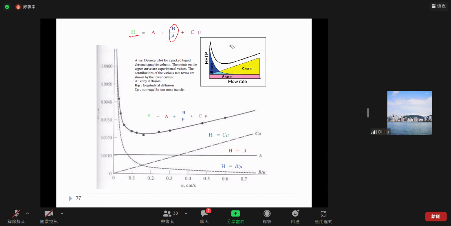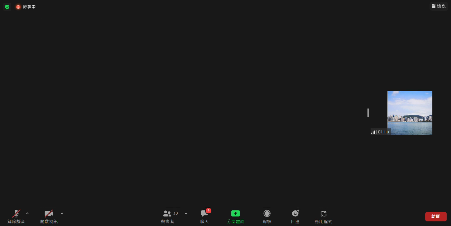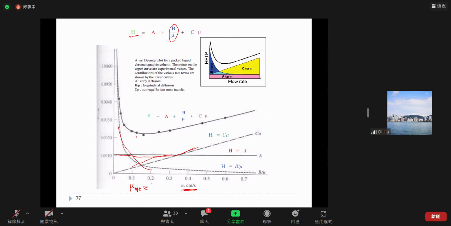So now we can see H equals A, B, C, and this is the linear velocity, right? For HPLC, the optimized velocity is almost equal to 1 millimeter per second.